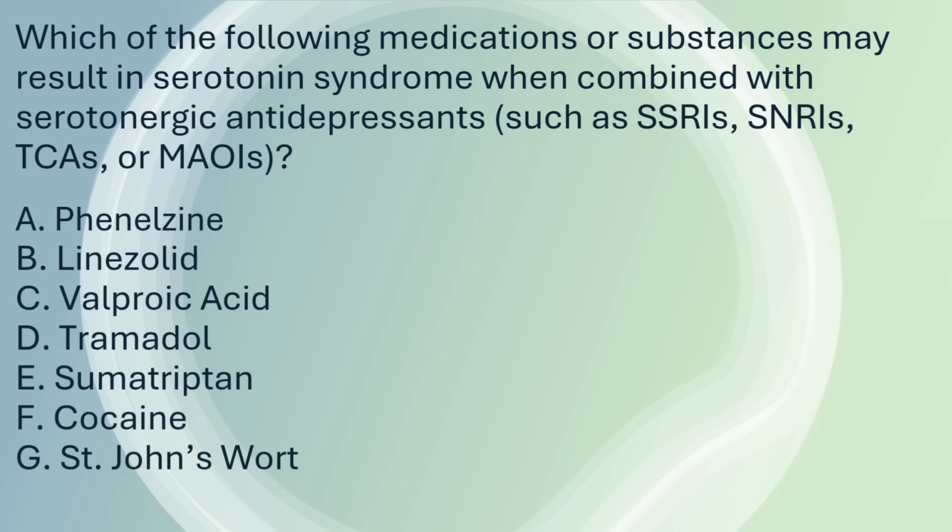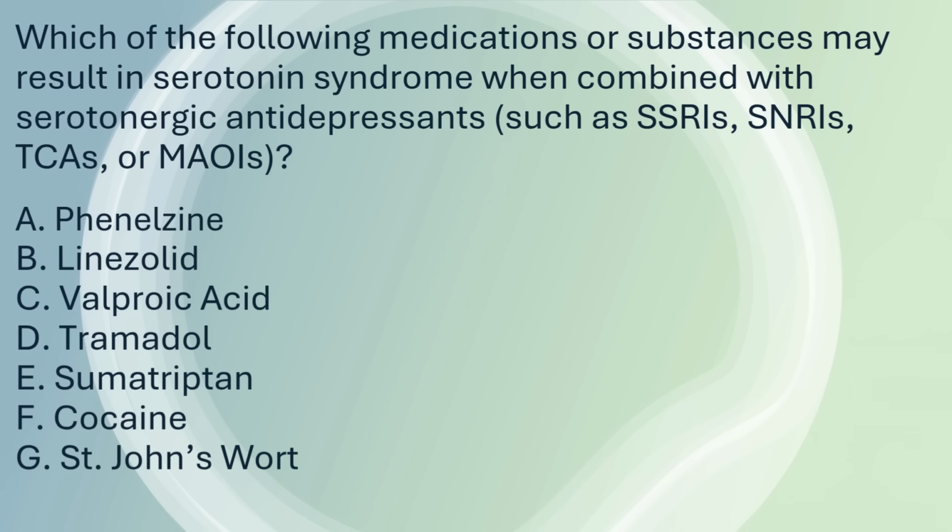F. Cocaine. That increases serotonin, norepinephrine, and dopamine through reuptake inhibition, and combining that with SSRIs or SNRIs can also lead to excess serotonin. And G. St. John's wort. That is an herbal antidepressant that enhances serotonin levels, and that also combined with an SSRI or SNRI can cause serotonin syndrome.